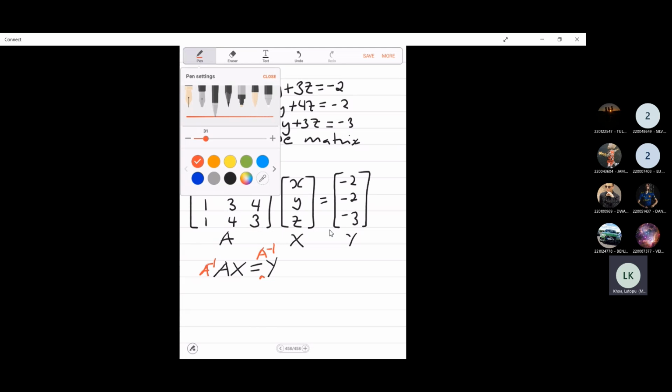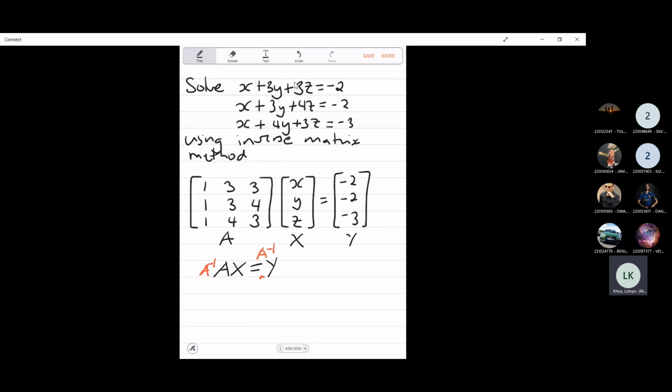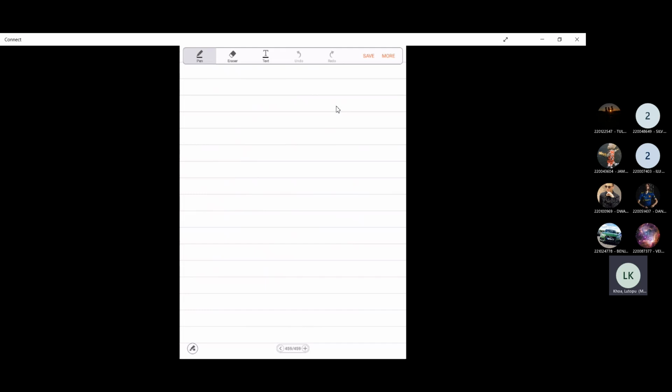Okay, so we need the inverse of this matrix. So we're going to use Gauss elimination. So I'm going to write the augmented matrix with the identity on the other side. So doing that, I have 1, 3, 3, 1, 3, 4, 1, 4, 3.